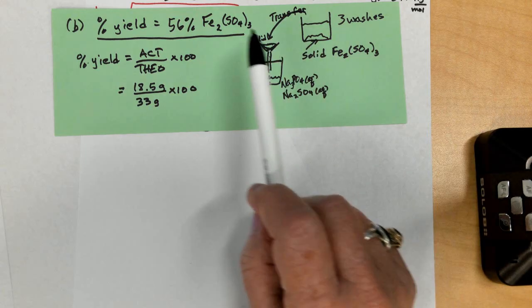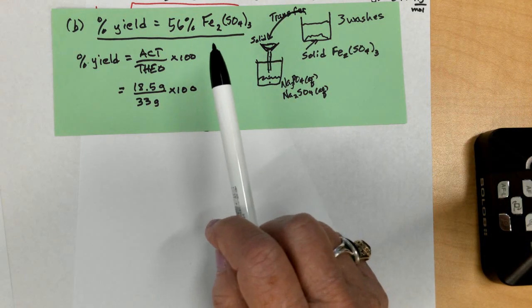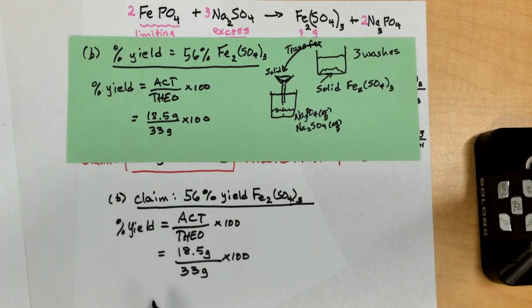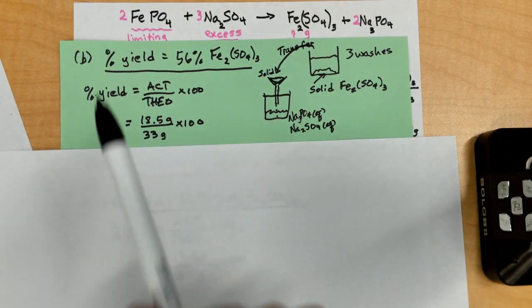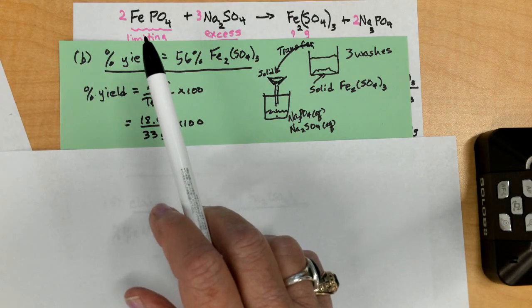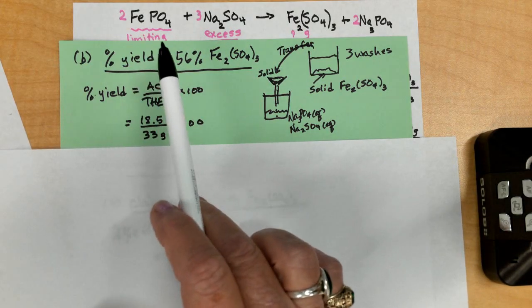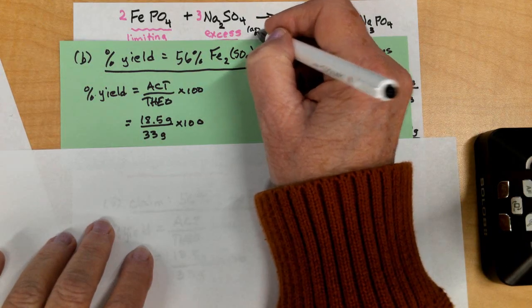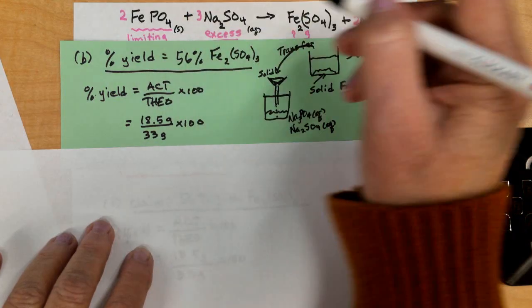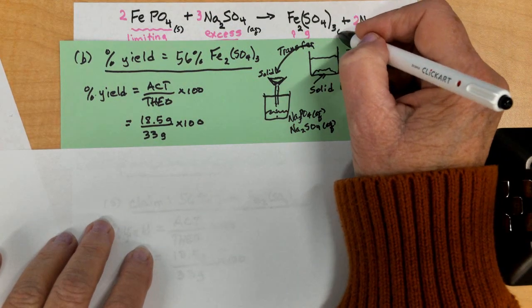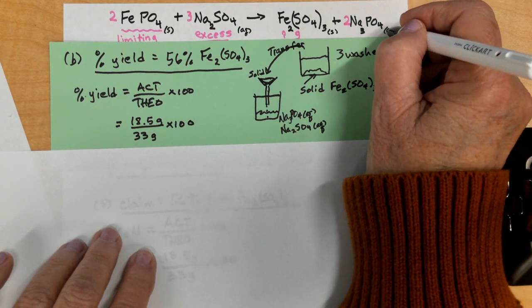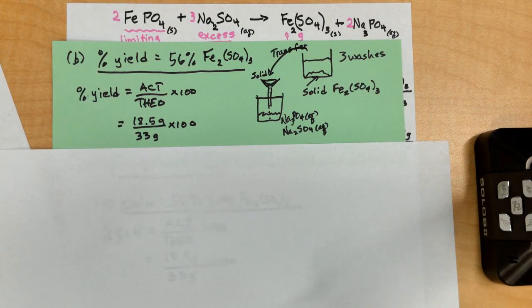And remember, we consumed all of the iron 3 phosphate. So if we go back to our balanced equation, and let me get rid of that so it's less confusing. This was limiting, so that's a solid, but you used it all up. And if you go to your solubility rules, all sodium salts are soluble. This is a solid, and this is aqueous. So there we go.